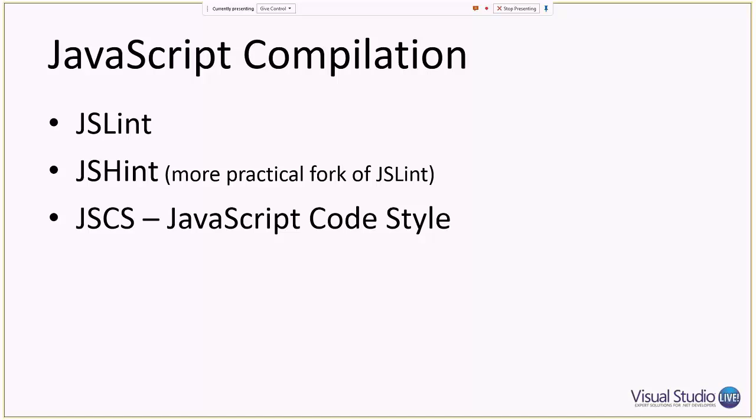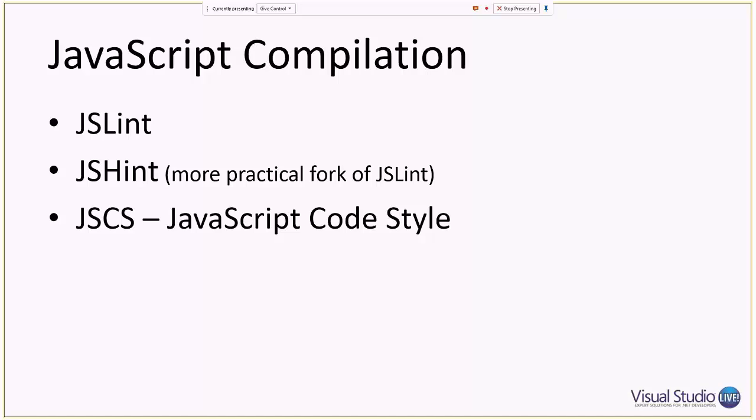The first one is JSLint. This was originally just a JavaScript compiler that checked for any syntax errors and any issues in your JavaScript. The problem was that JSLint was far too aggressive.